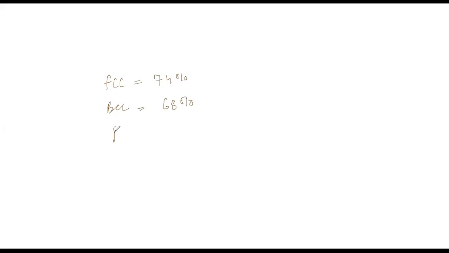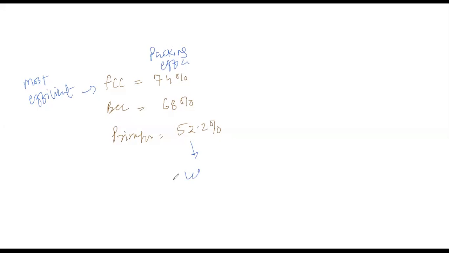If you have primitive, packing efficiency is 52.2%. That means this is the least efficient way, we can say. Now, my dear students, this is the packing efficiency, which we calculate out of 100.